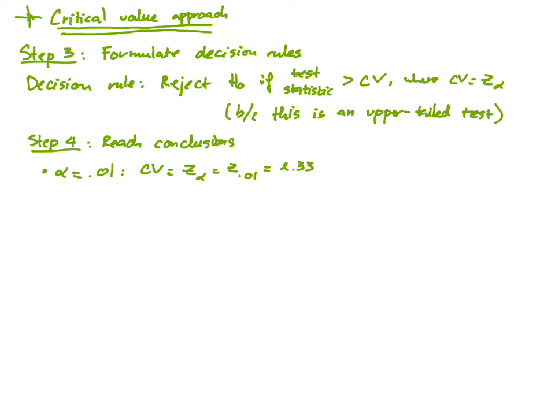Now when alpha is 0.05, then the critical value is z sub 0.05, which is 1.645. And then when alpha is 0.1, the critical value is z sub 0.1, which is 1.28. Okay.